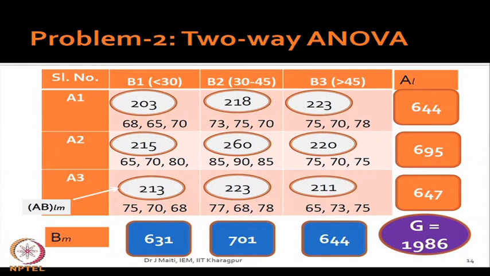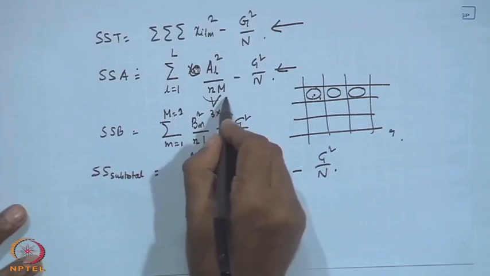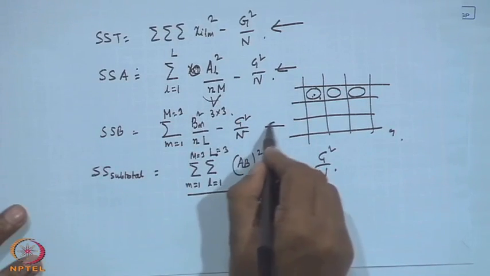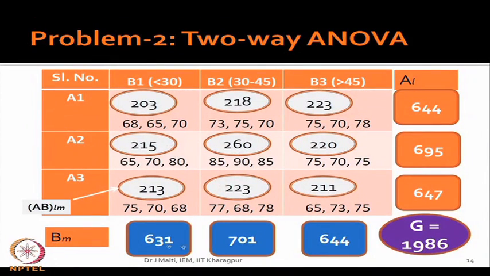For the second, SSA, we have taken the sum across the rows, 644, 695, 647, squared first, then divided by n m, since there are 3 plus 3 plus 3, 9 values. Similarly, you will do this across columns, 631, 701, 644.